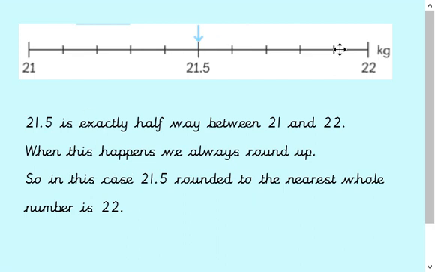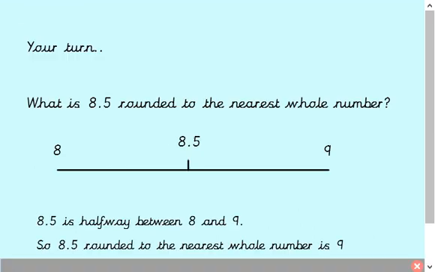You can see there that it's halfway between, so we need to round it up. Your turn. What would 8.5 be rounded to the nearest whole number? Well, 8.5 then is halfway between 8 and 9. We would need then to round it up to 9.